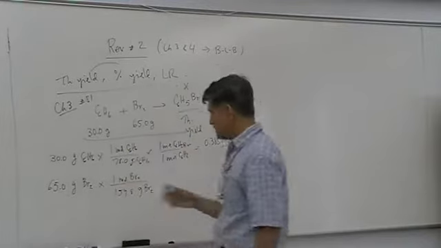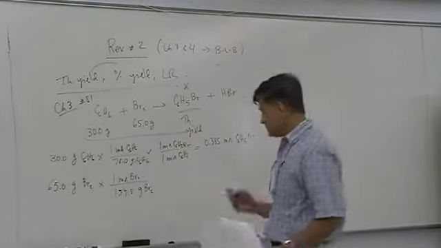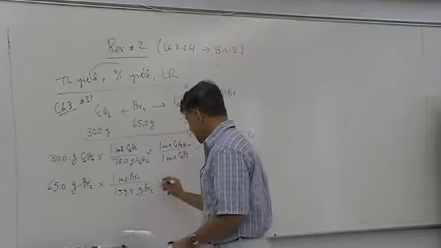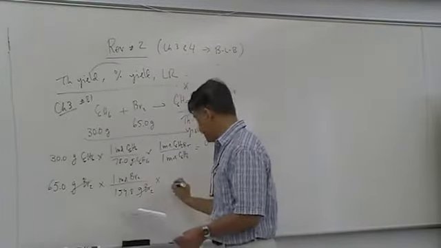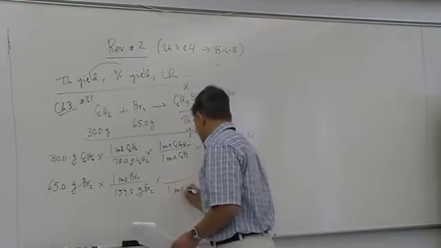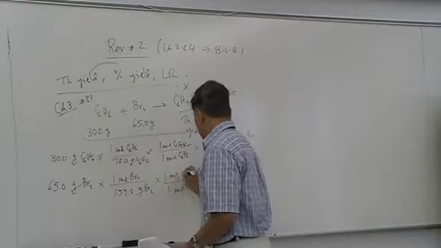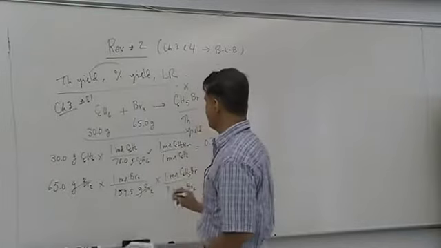Once you understand it, make sure you do the same problem without looking at how I did it. That would be very good practice for your exam. And you should also do additional problems, similar additional problems that I have assigned. 1 mole Br2 giving 1 mole C6H5Br.